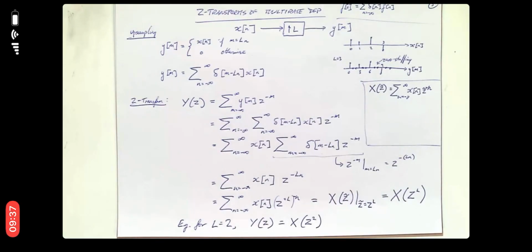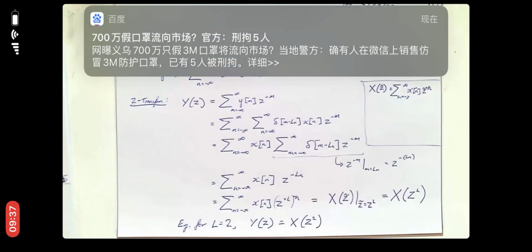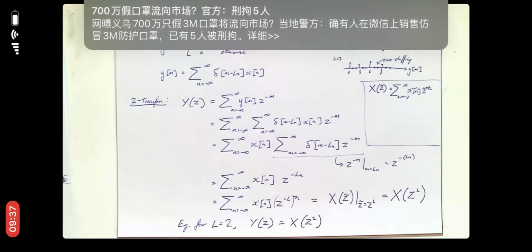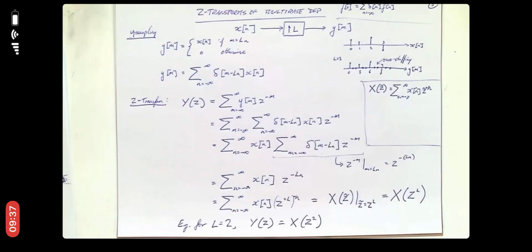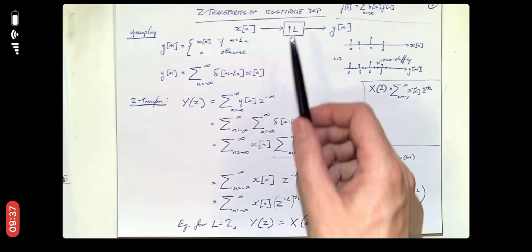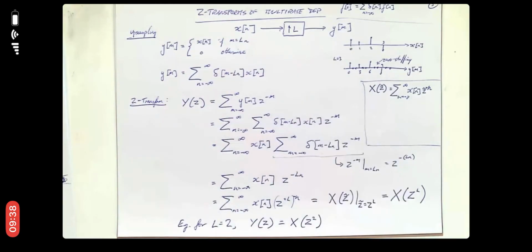We can also look at what happens when we do downsampling. And downsampling is slightly more tricky to do, but we get a similar result. And what we'll actually find is that we can show that upsampling followed by downsampling in Z transform space will end us up at the same place after we finish.